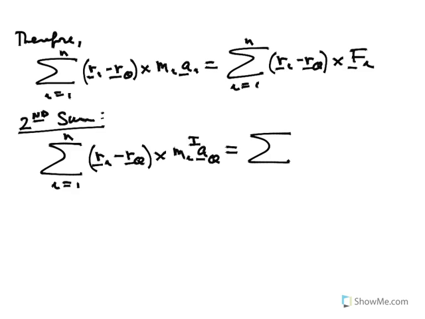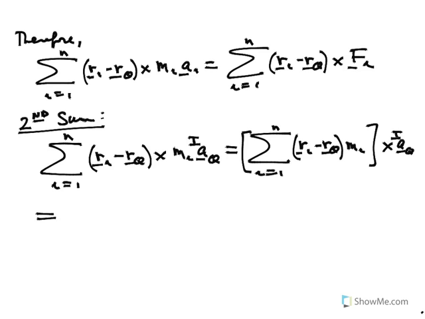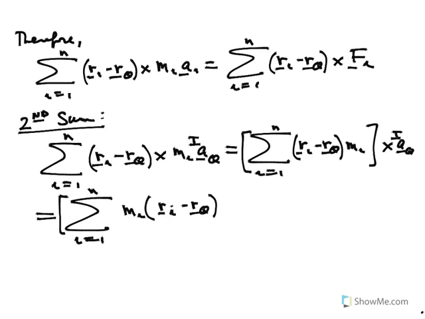So this is equal to the sum from i equals 1 to n of (Ri minus Rq) times Mi, the whole thing, crossed with A_Q/I. Now I can rewrite the sum in the following way: I can put the Mi out front of Ri minus Rq, and I get (Ri minus Rq) times Mi, the whole thing crossed with A_Q/I.